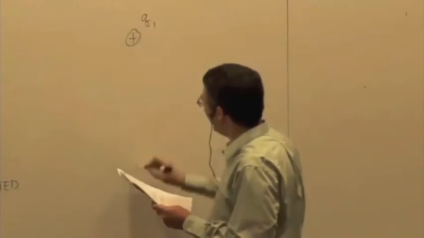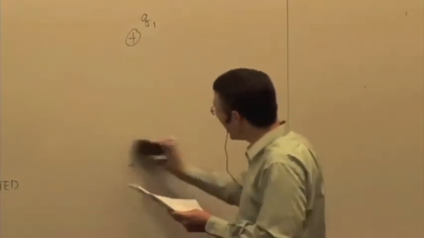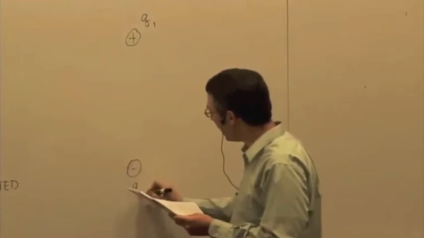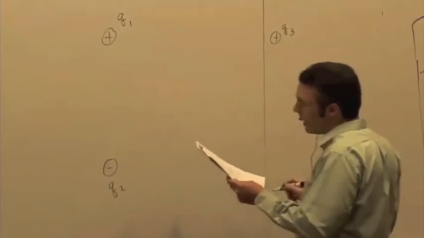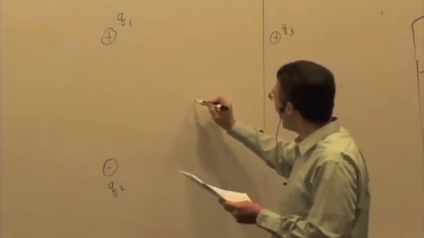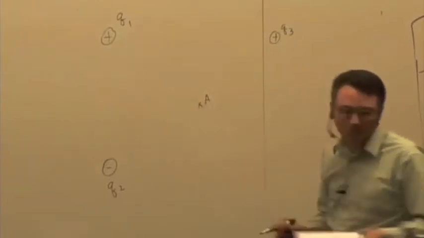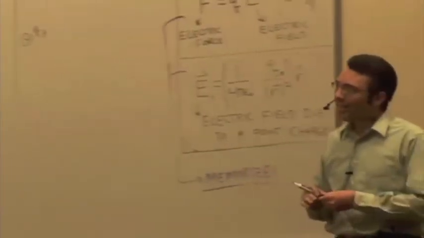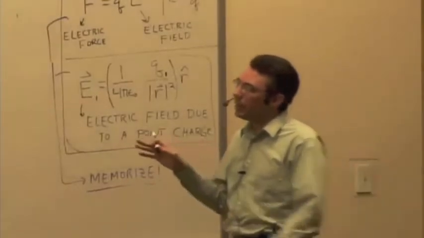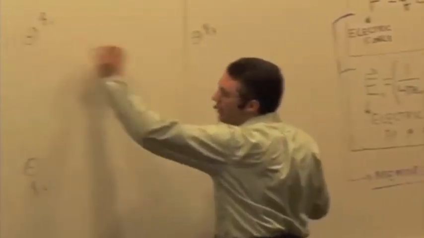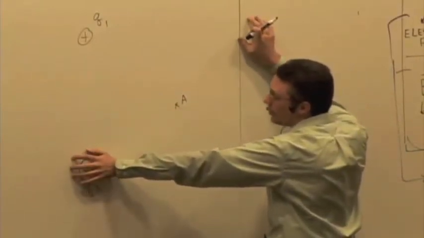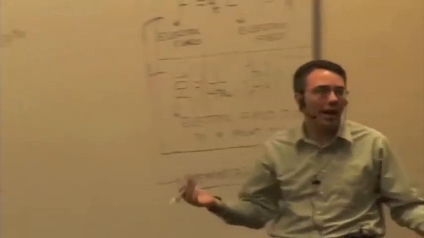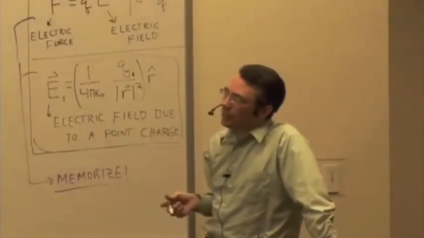Let's say I have Q1 and Q2. Let's say Q1's positive and Q2 is negative and Q3 is positive. And I want to find the net electric field at this location. Call that location A. So what this says is I can, one at a time, calculate the electric field of each individual point charge, treating or ignoring temporarily the other two charges, treating them as if they weren't there, and just find the electric field of that single point charge.